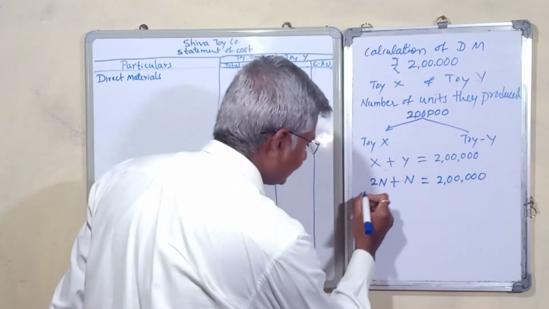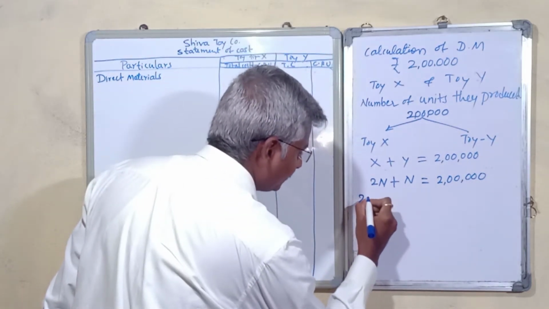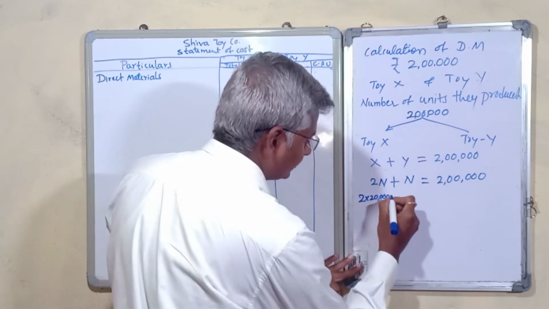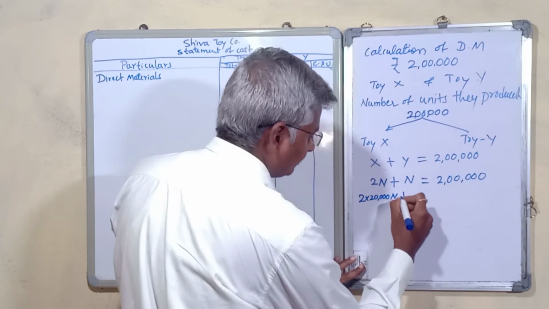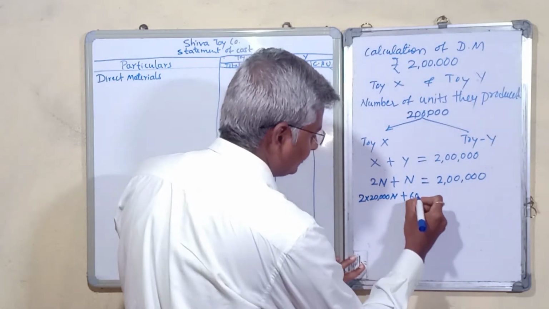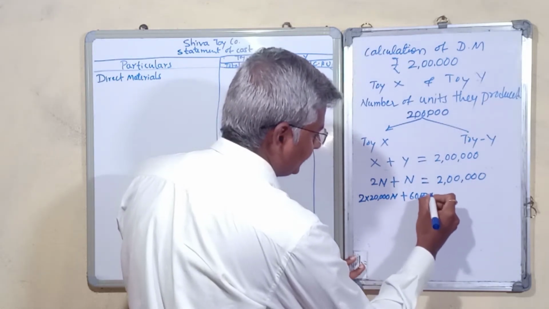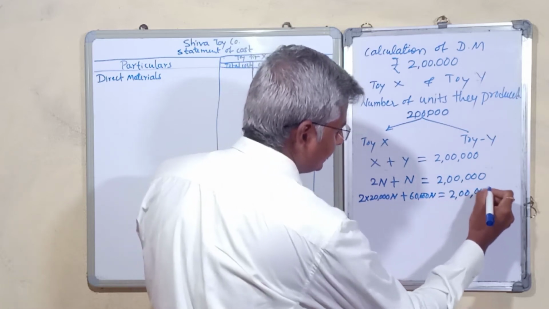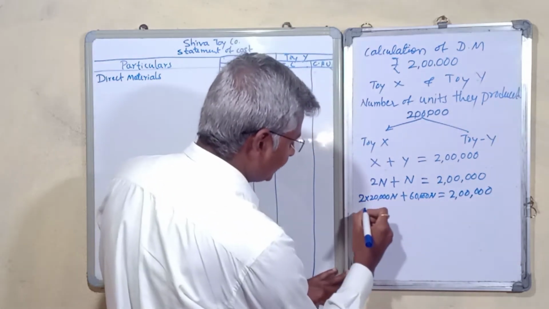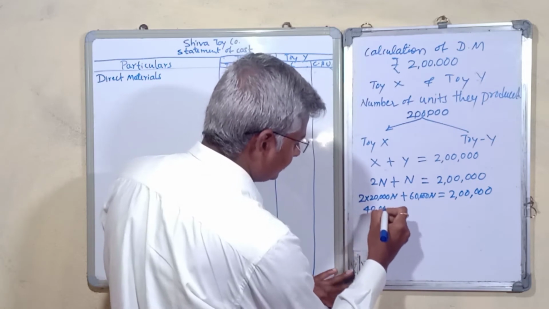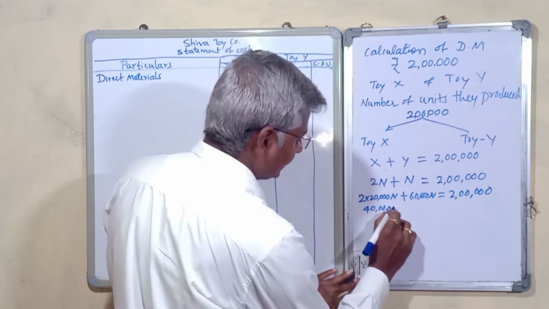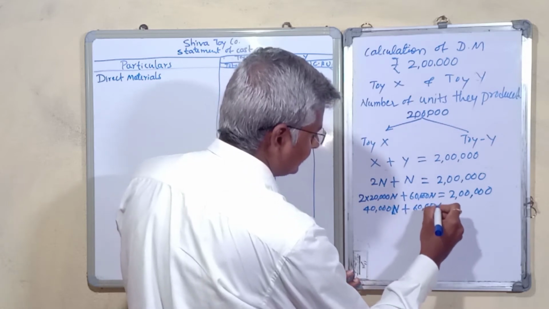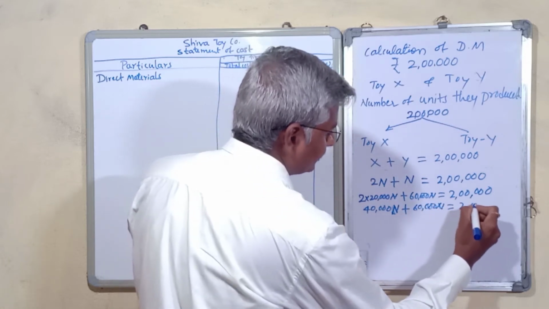Then here I will take 2 into 20,000 units N plus 60,000 units N equals 2 lakhs. Then 2 into 20,000 is 40,000, so 40,000 N plus 60,000 N equals 2 lakhs.